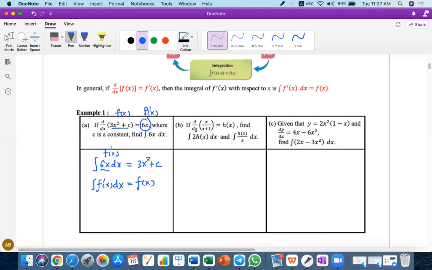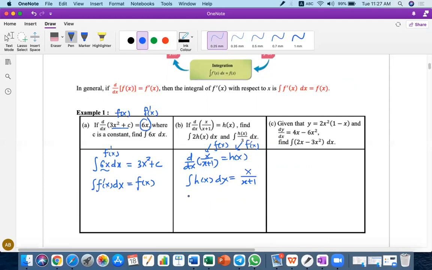B, if I differentiate x over x plus 1 and get h(x), then I want to find the integral of 2h(x) dx. What should I do? This is our f(x), and this is our f prime x, h(x). If I integrate h(x) dx, I will get back x over x plus 1.